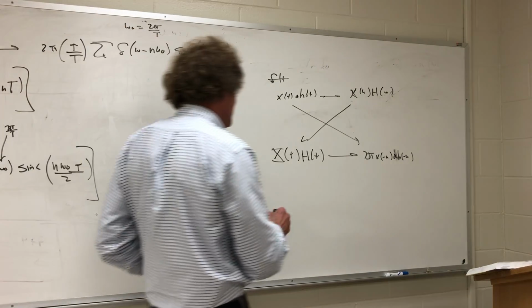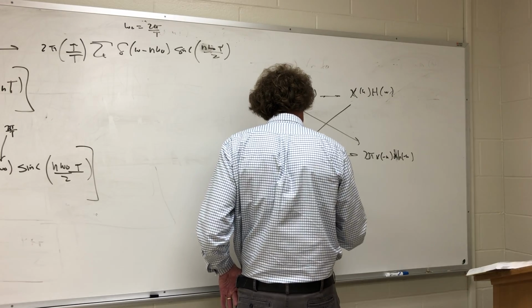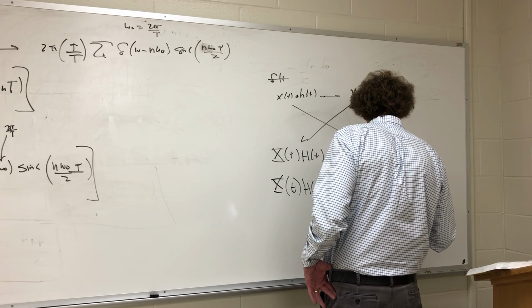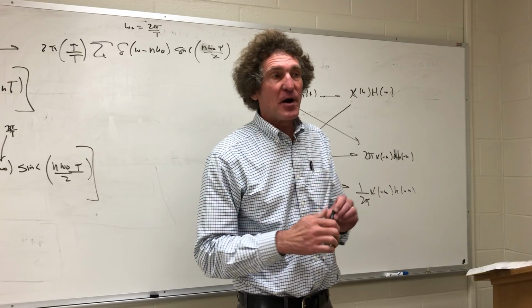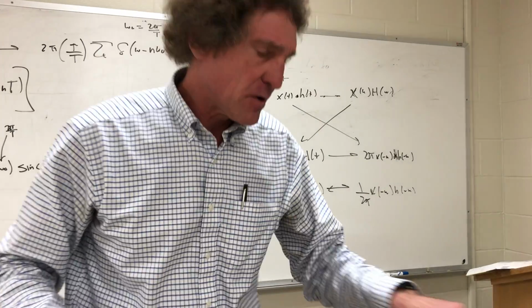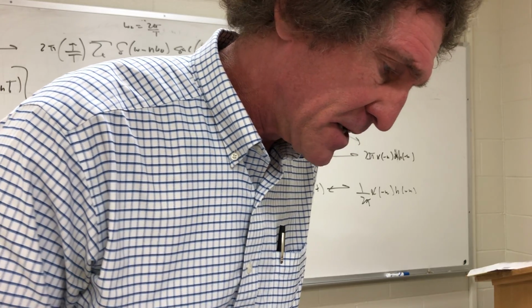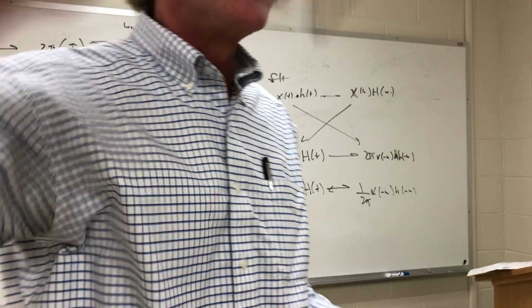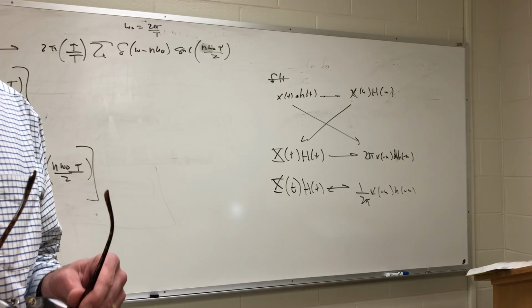Actually, this is right: x of t times h of t goes to 1 over 2 pi X of minus omega, H of minus omega. I'll show you why later. Do you all see it? Please take a look in the book. Look at the very bottom, Marcus. Those are transform pairs; I need properties. Look on the one where it says multiplication in time. h of t times x of t goes to convolution in the frequency, but what do you see?